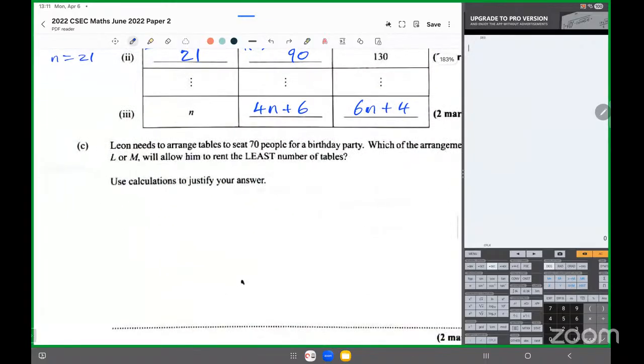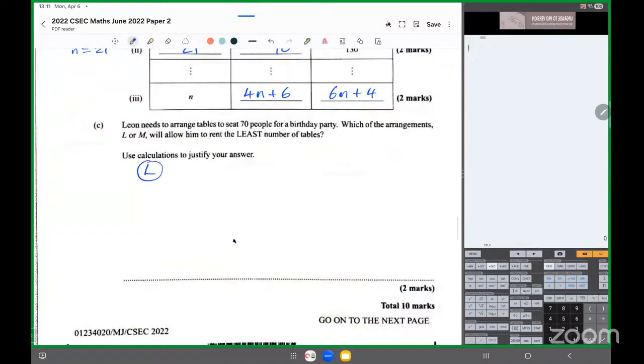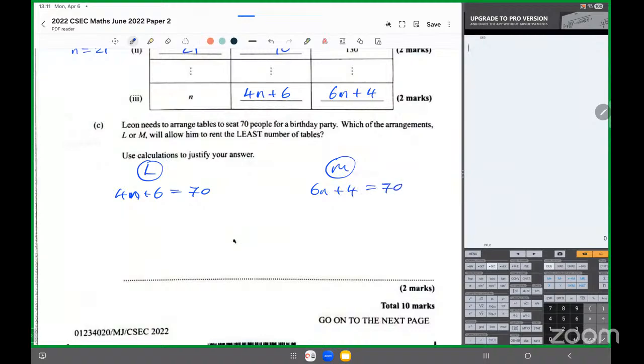All right. So for arrangement L, it is 4N plus 6. That must be 70. And for arrangement M, it is 6N plus 4. That must equal 70. So that's what you're working on.